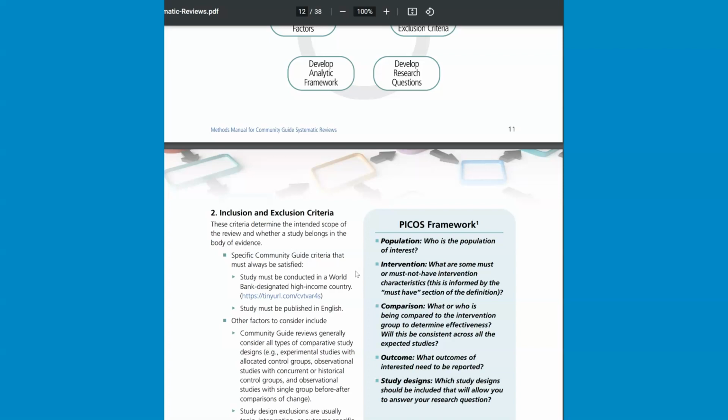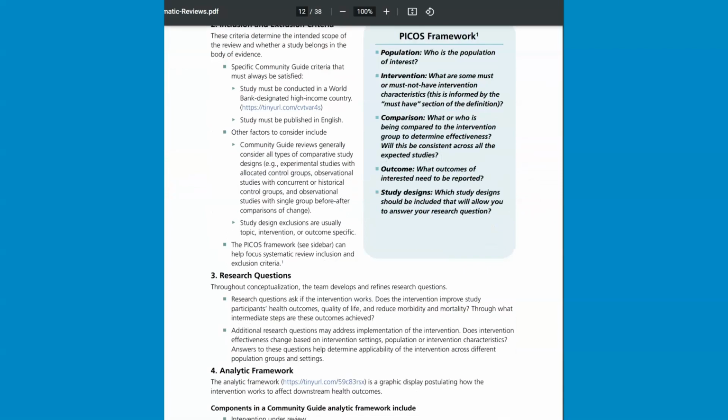If it must be published in English, that's one of the criteria. And so this goes into some designations of that criteria. Other factors to consider, and to me, I wouldn't even really think of this as other factors. I would call this out specifically if I were to create this guide. But this is an important other factor.